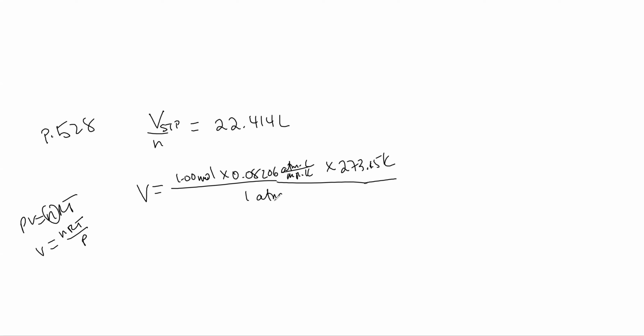Consider this to be an exact number; don't limit this by significant figures. When you do all of this, you get the molar volume, and this is what's called the standard molar volume of a gas: 22.414 liters per 1 mole at STP, standard temperature and pressure, which is 1 atmosphere and a temperature of 273.15.